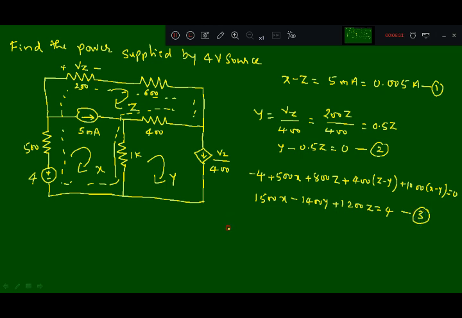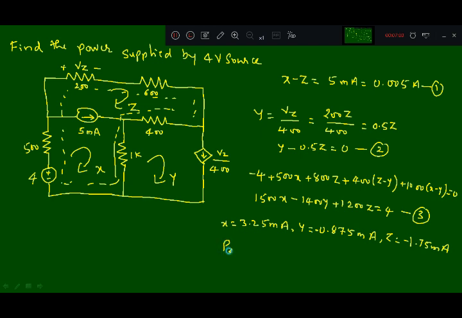Solving 1, 2 and 3, I am going to get the answers as x is equal to 3.25 milliamps, y is equal to minus 0.875 milliamps, z is equal to minus 1.75 milliamps. But they asked you to calculate the power.